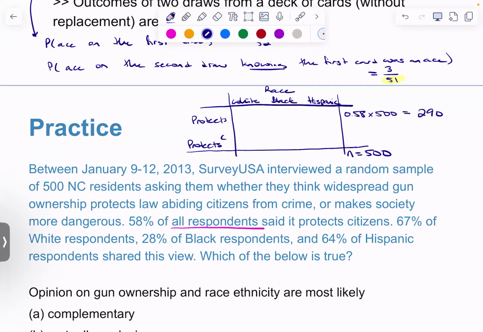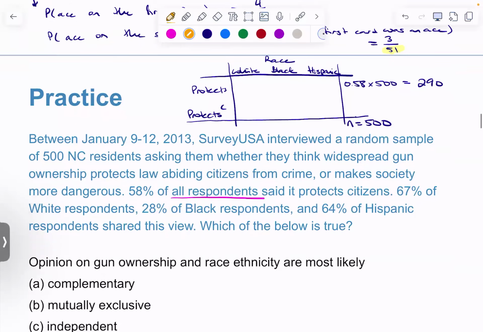Now we don't know what the total number of white respondents was, so we're not going to be able to reverse engineer it, but we are told that 67% of the white respondents, which means what percentage of white respondents said it doesn't protect? 100 minus 67, or 1 minus 0.67 if you prefer.